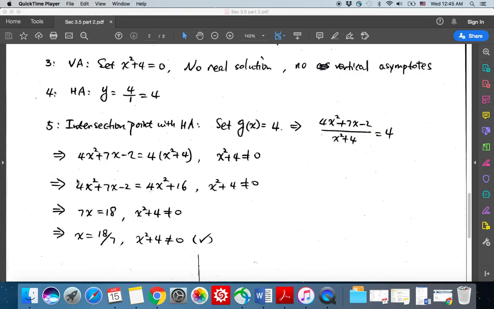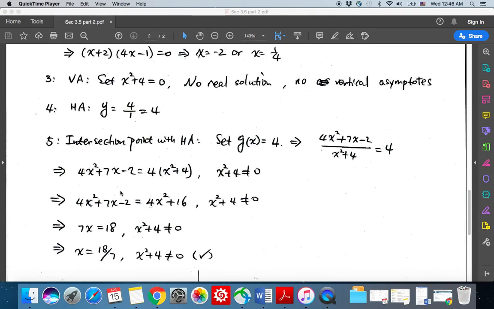That's going to cancel out all quadratic terms, giving us a linear equation to solve. Eventually, we have the solution x equals 18/7. Since this rational equation does have a solution, this implies the rational function does intersect this horizontal asymptote.